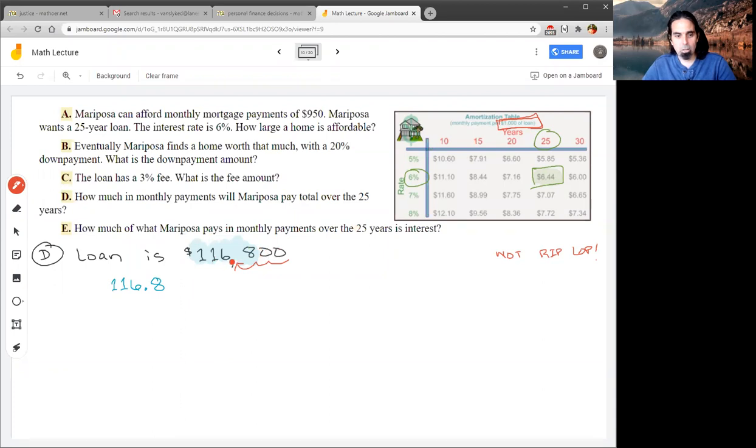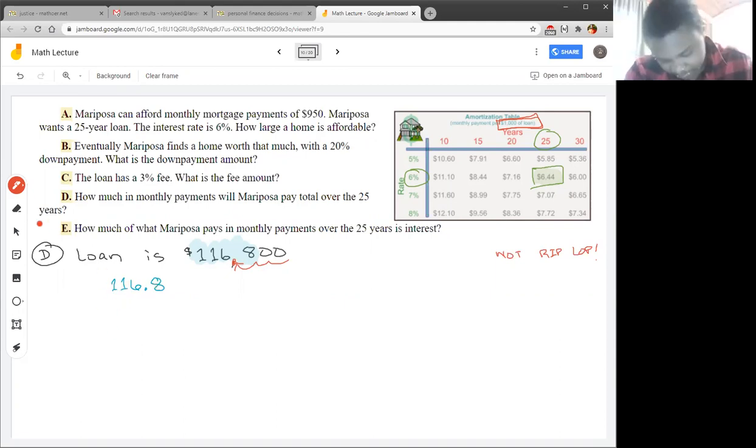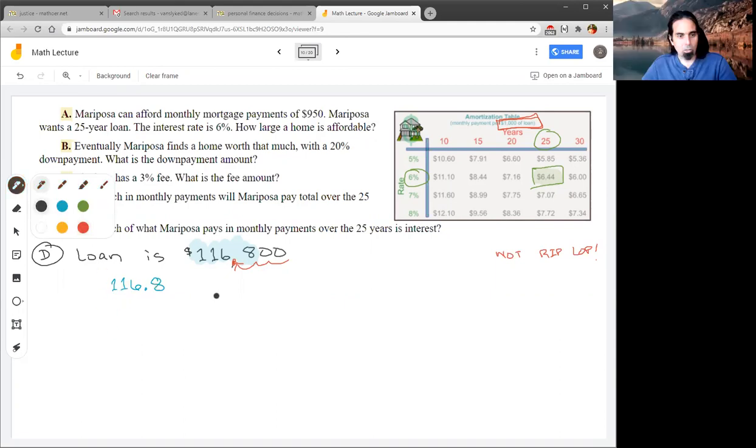Change your comma into a period, whatever makes sense to you in your mind. Okay. So it's the 116.8, and then we're going to multiply that by the 644. And get $750.26.